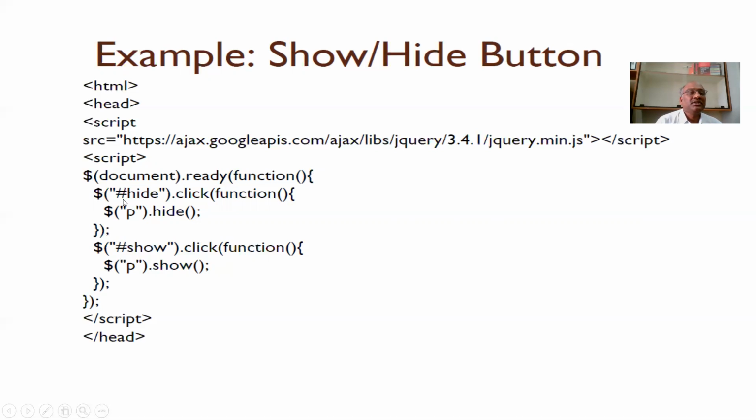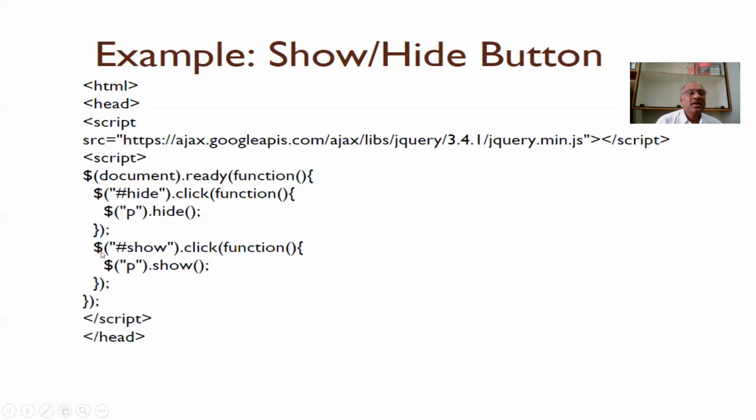What does the statement say? You are writing a particular element, that is the hide element of your document. Once the click operation is given on that hide element, which is basically a button, the corresponding paragraph tag is to be hidden.